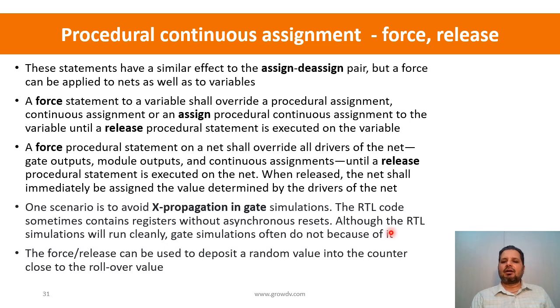Those behave okay in the RTL simulation, but in the gate level simulations, those uninitialized flops could lead to X propagation. X is the unknown value, so they will have an unknown output because they do not have any reset, and that unknown will propagate and cause failures. Many times, those could be just false failures.